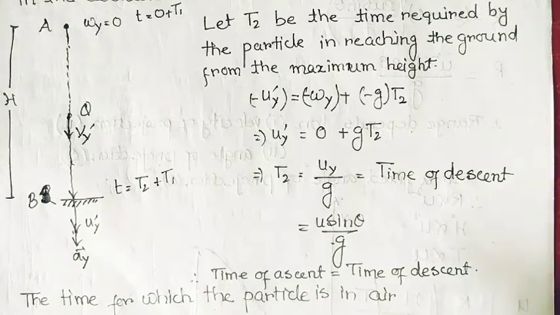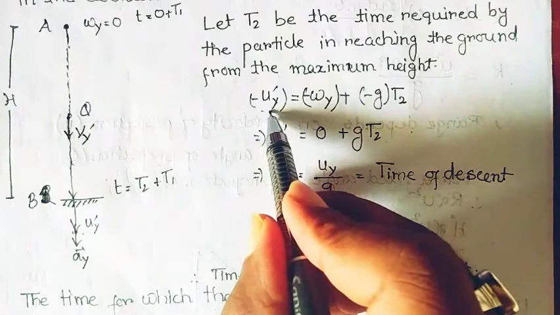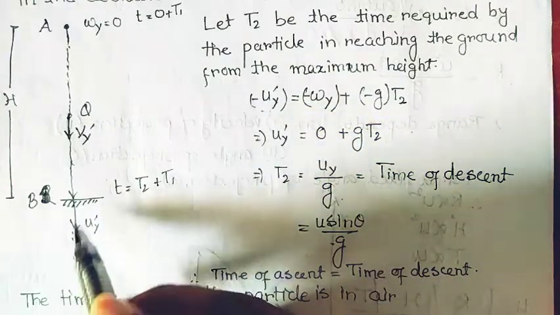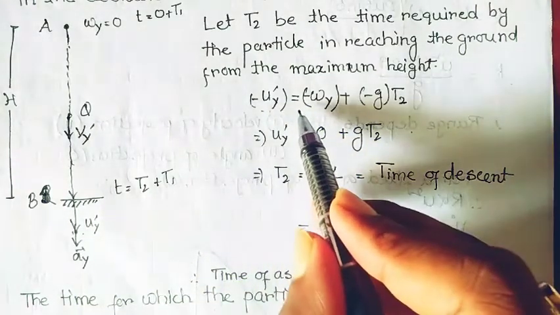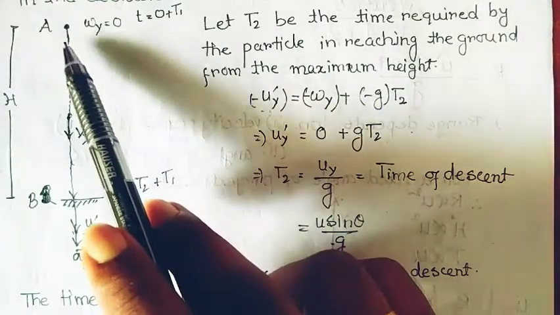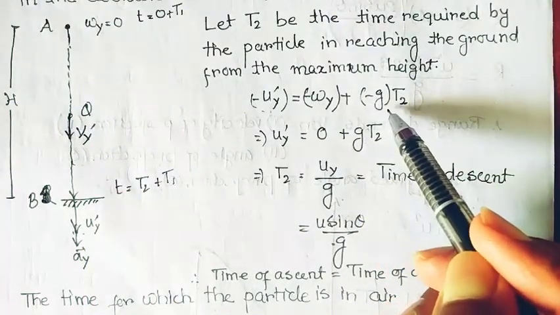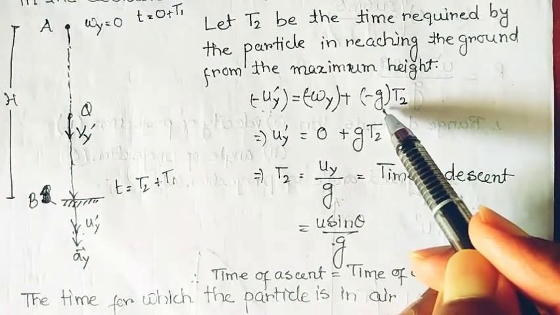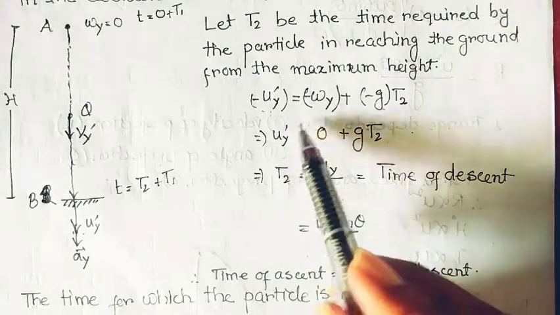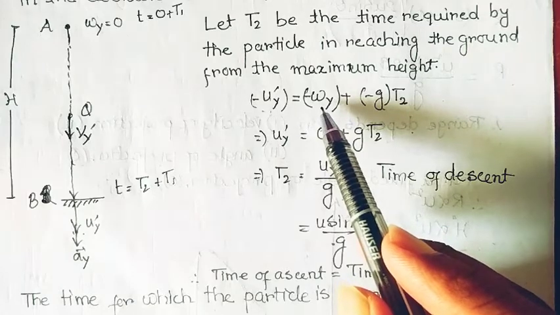So if t2 is the time required, then if I write down the equation, then minus w_y prime, because it is along the negative y direction, the velocity of striking the ground, equal to minus w_y, the velocity of the particle when it is at the maximum height, plus minus g into t2, because minus g is along the negative y axis. So from here w_y is 0. You know what is the cause behind this?